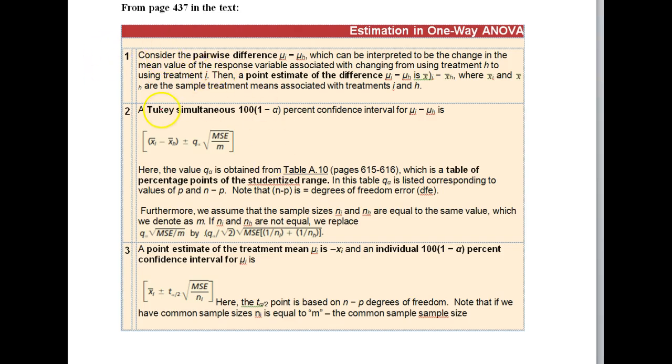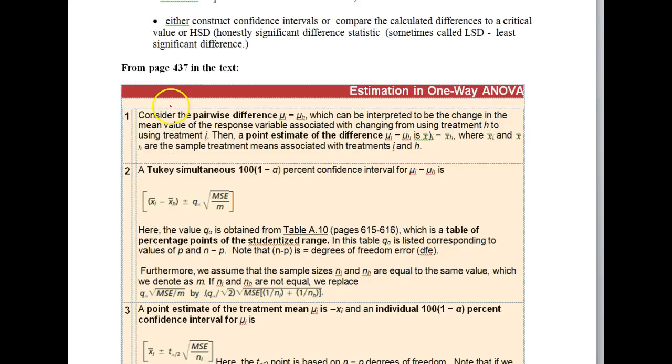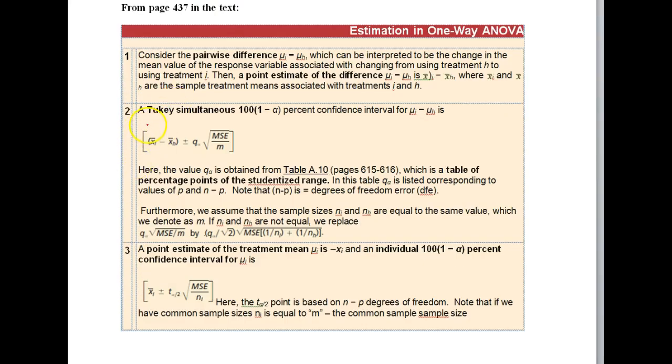So this confidence interval, the Tukey confidence interval, is going to be x sub i bar minus x sub h bar. So just signifying one of the treatment means minus another treatment mean, plus or minus q alpha.